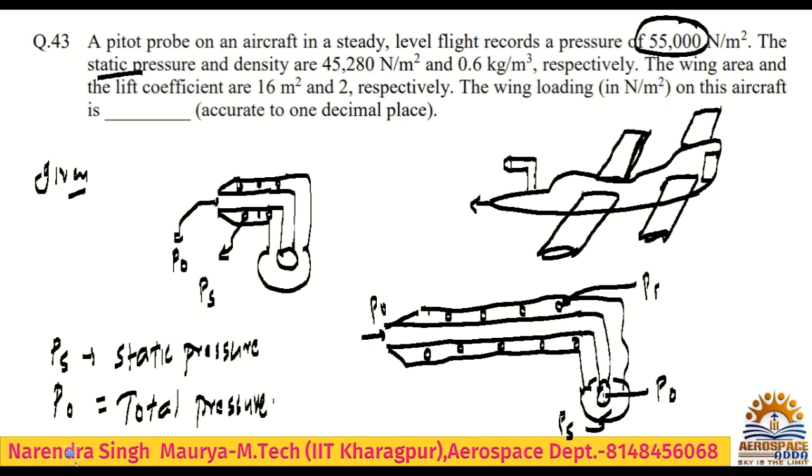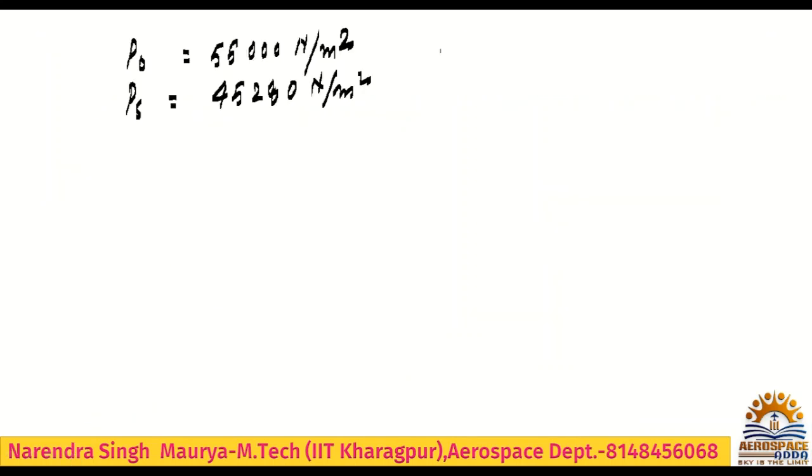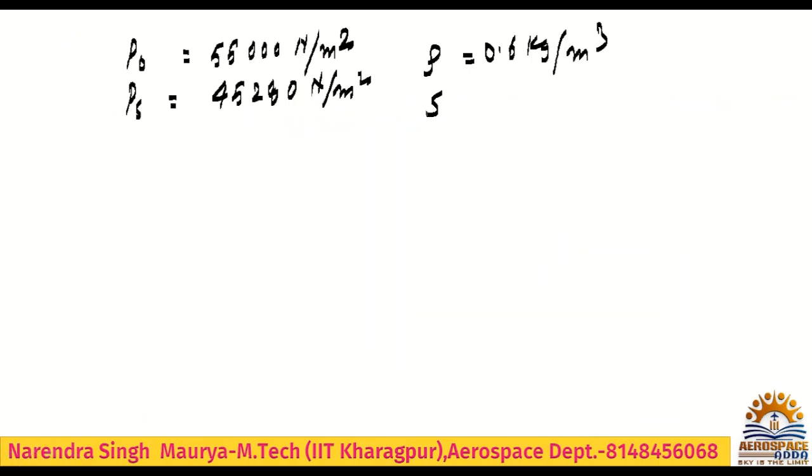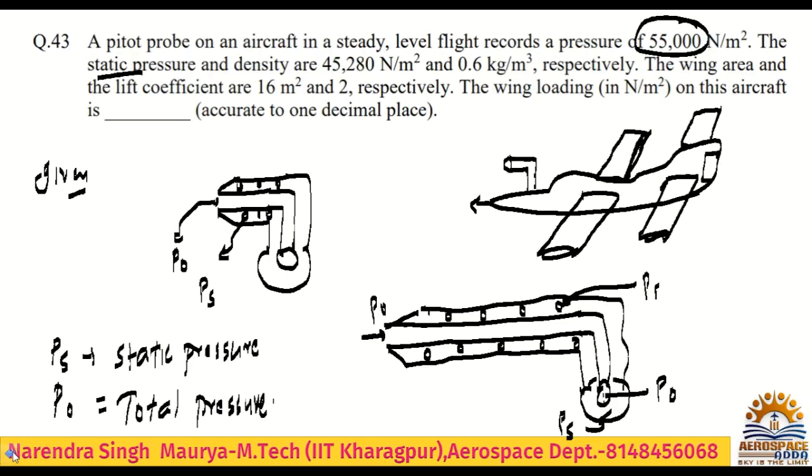And density also they have given, 0.6 kg per meter cube. The wing area is 16 and CL they have given is 2. Okay, these are the given data.